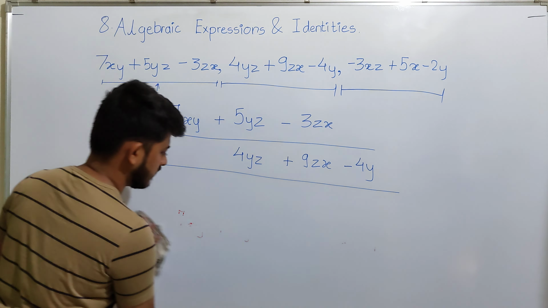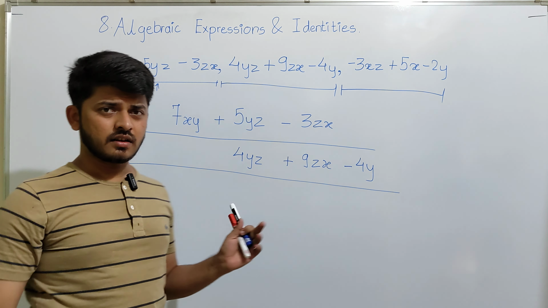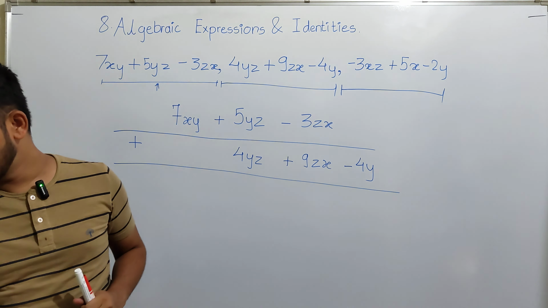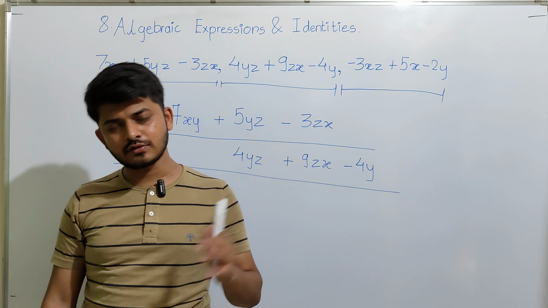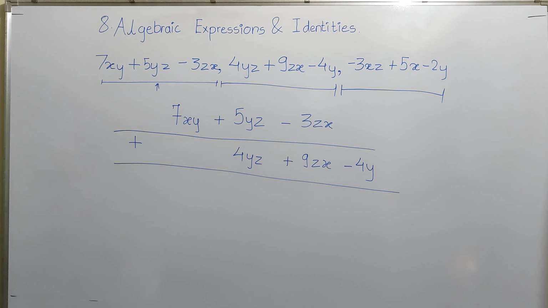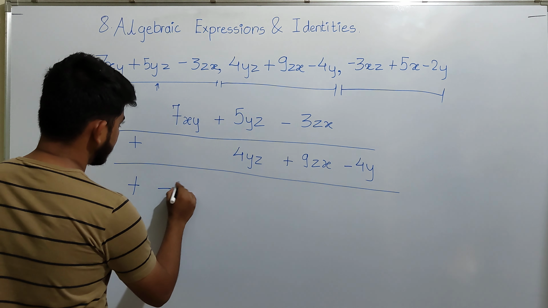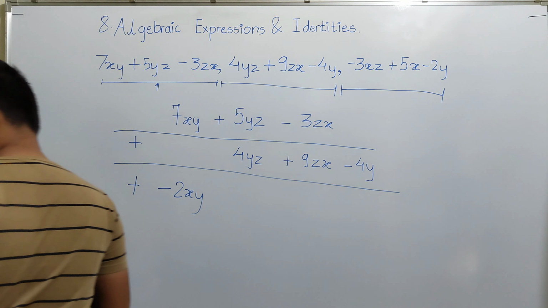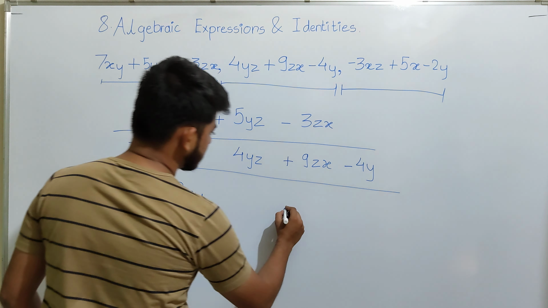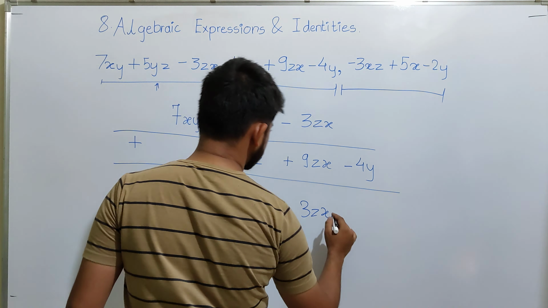So don't get confused. The example which I was solving, you can also consider that example. I made a mistake. So yeah, it's correct. So we have minus 2xy. Again I have minus 3zx plus 5x.